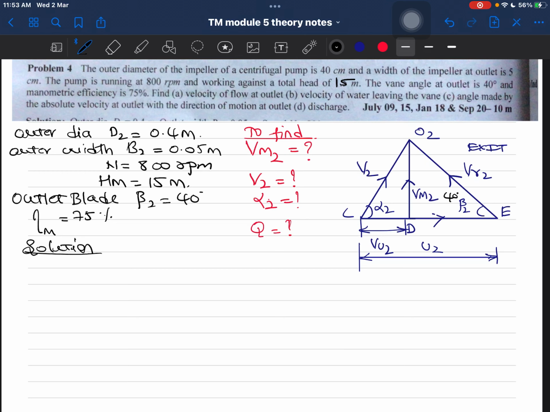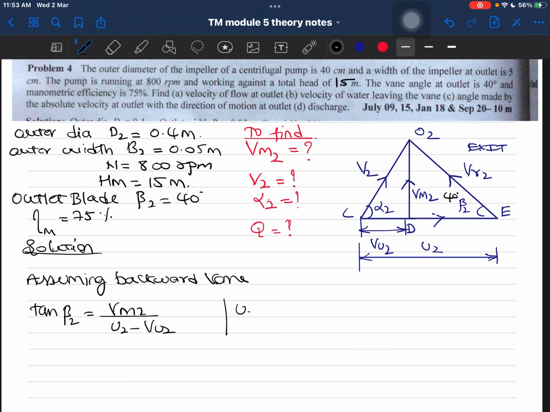Since he has not specified anything, assuming backward vane. When you have assumed a backward vane, you will get this particular velocity triangle. Now immediately apply tan beta 2: tan beta 2 is equal to Vm2 divided by U2 minus Vu2.